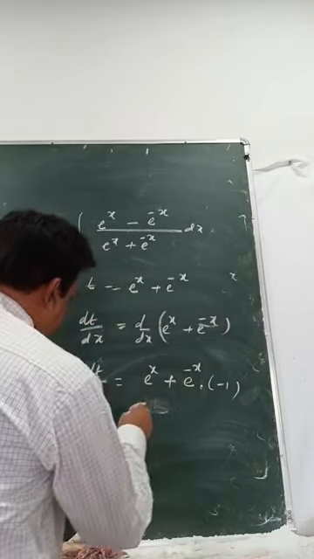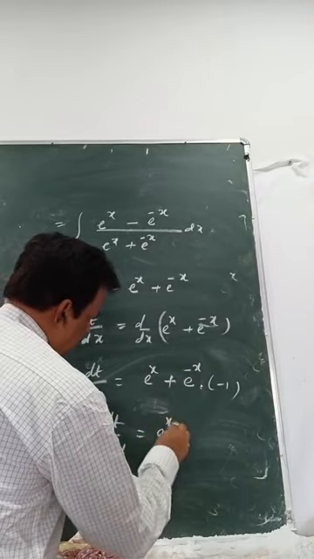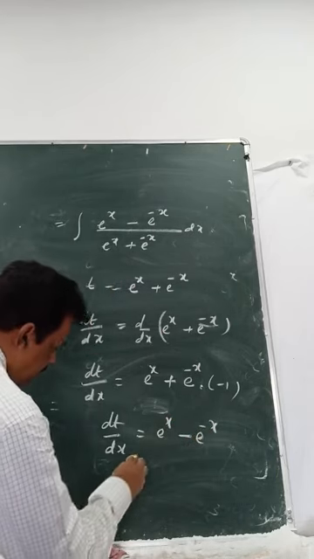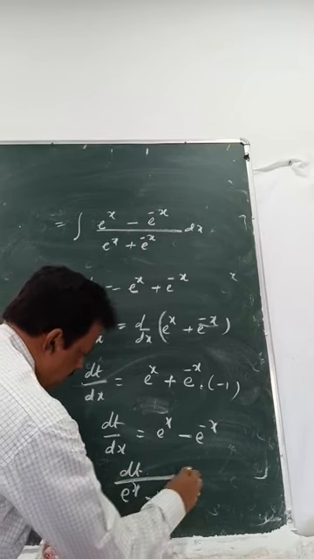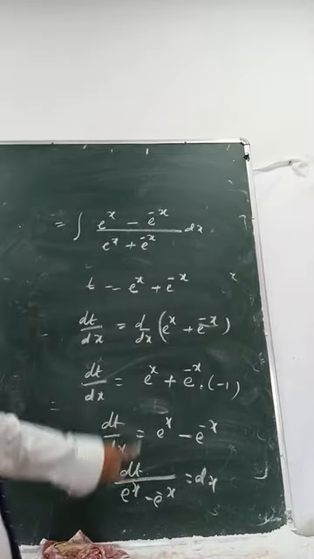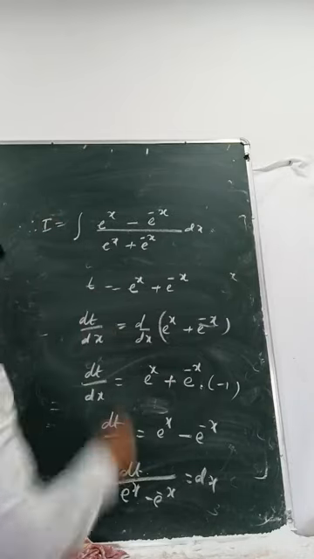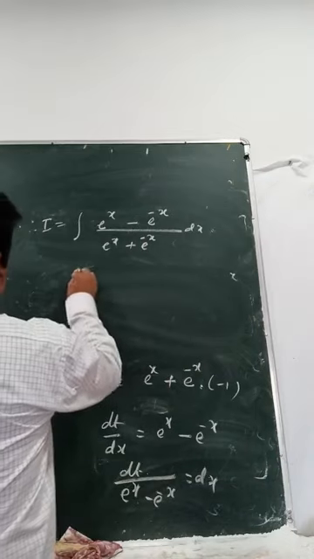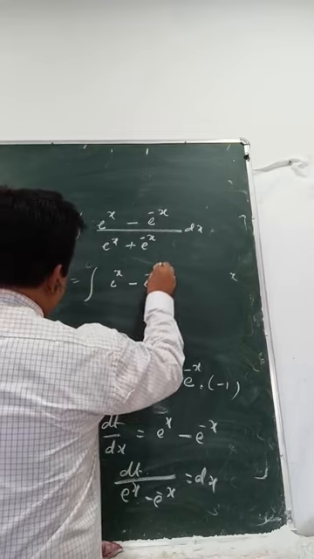So it became e to the power x minus e to the power minus x. So dt by e to the power x minus e to the power minus x equals dx. That means in this dx I can put this value. So I equals e to the power x minus e to the power minus x over t, times dt by e to the power x minus e to the power minus x.